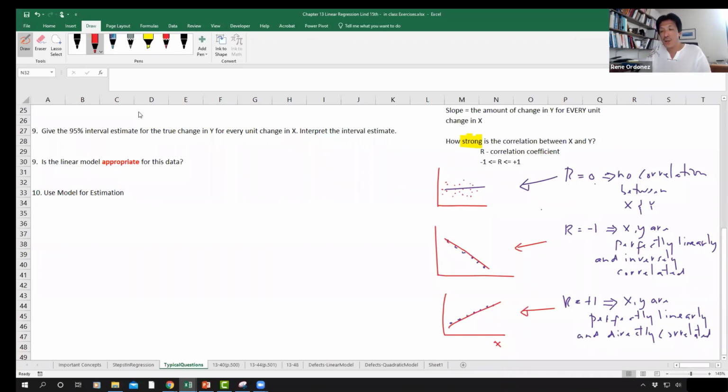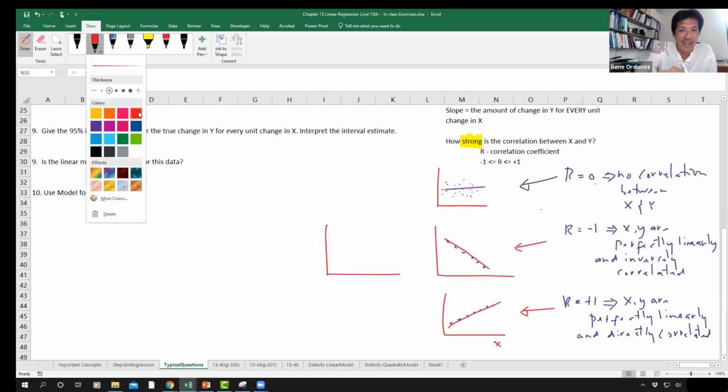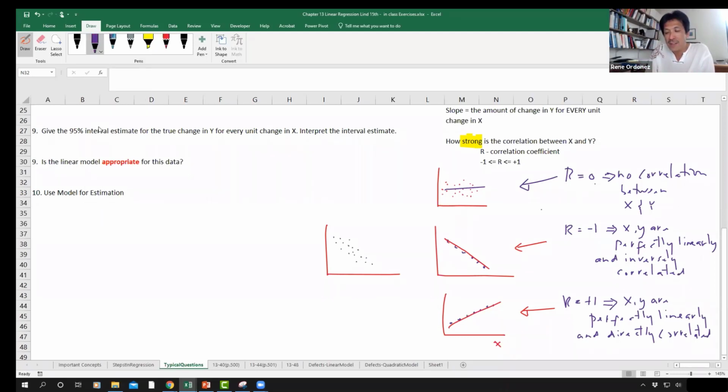As the observed values disperse around, let's say that you have another set of data representing X and Y. Note now that the observed values are a little bit dispersed around the line. This kind of plot will generate an R value that is not exactly equal to -1, but it will be close to -1.